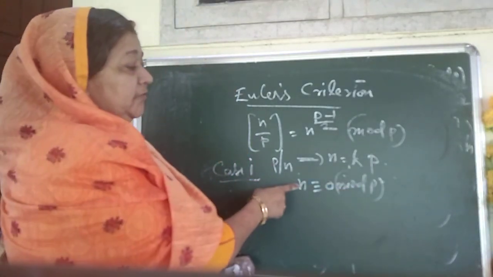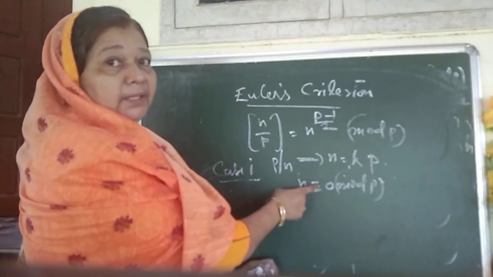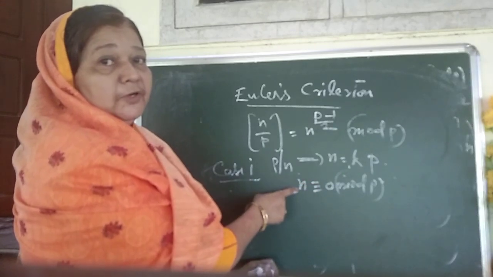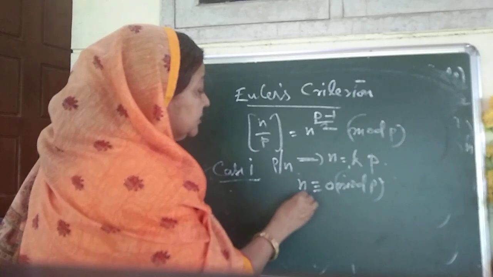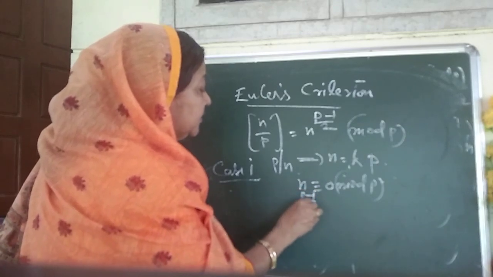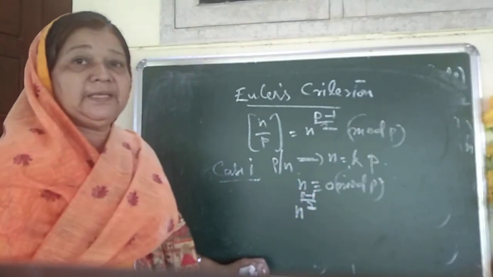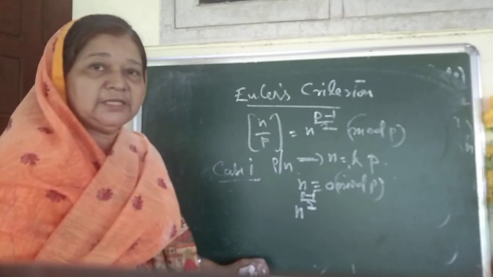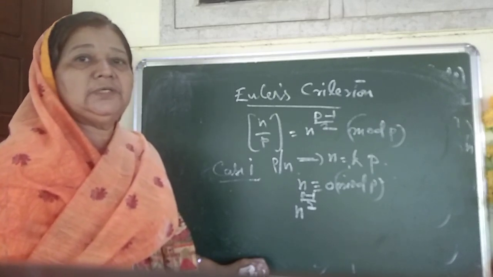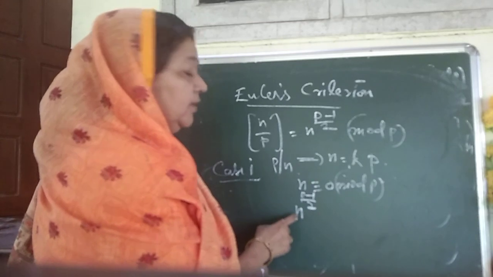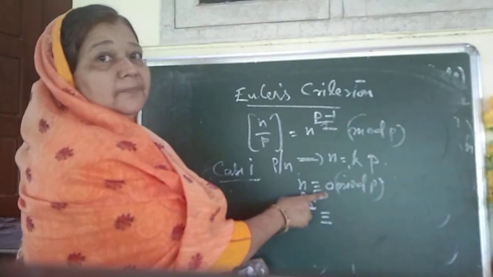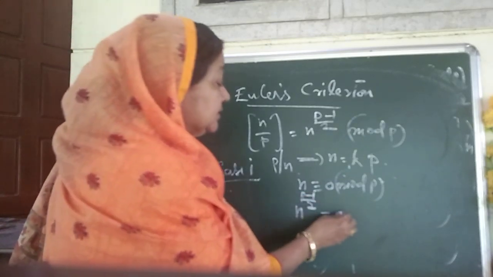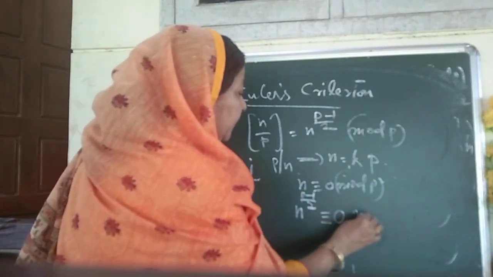Therefore, we know if a is congruent to b mod p, then a raised to n is congruent to b raised to n mod p. Since p is an odd prime, p minus 1 is even, so p minus 1 by 2 is a positive integer. Therefore, n raised to p minus 1 by 2 is congruent to 0 raised to p minus 1 by 2, that is also 0 mod p.